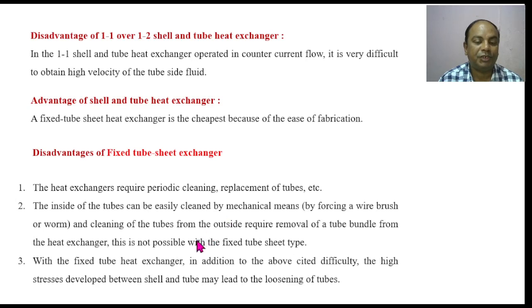This is one of the most important disadvantages that the fixed tube sheet heat exchanger may have, and it is what makes this shell and tube heat exchanger rather cheap.